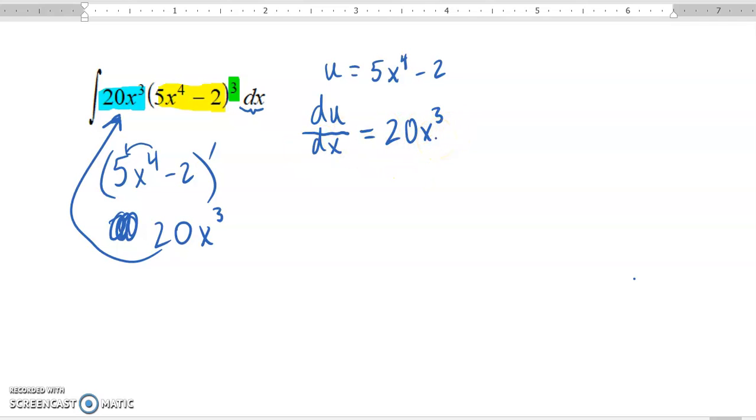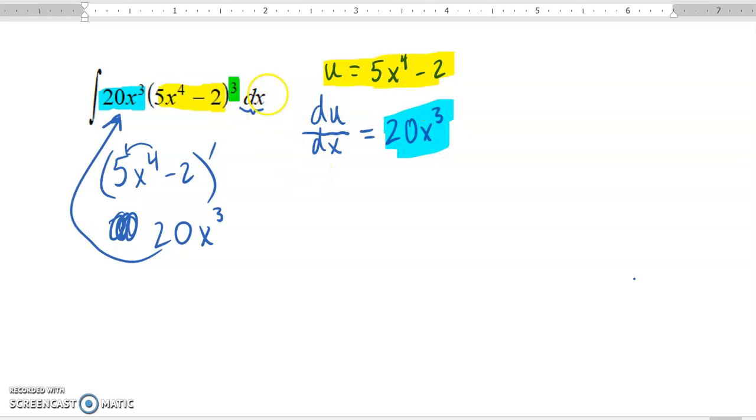Now I want to rewrite my original problem in terms of u and not x. This is going to simplify it so that I can use the old rules of integration that we've previously learned. You can see that my u is my inside function, and I also have 20x to the third right here.